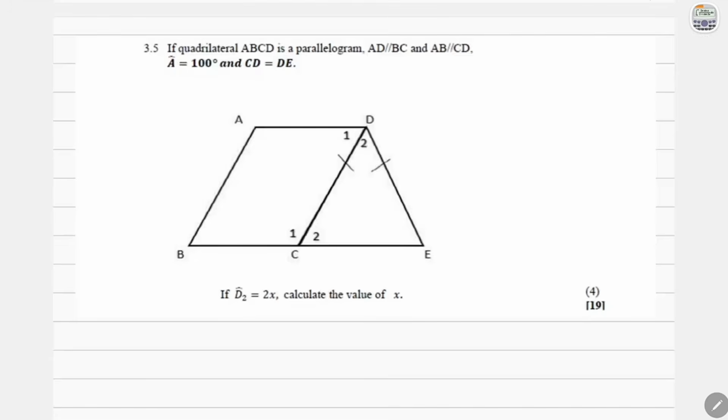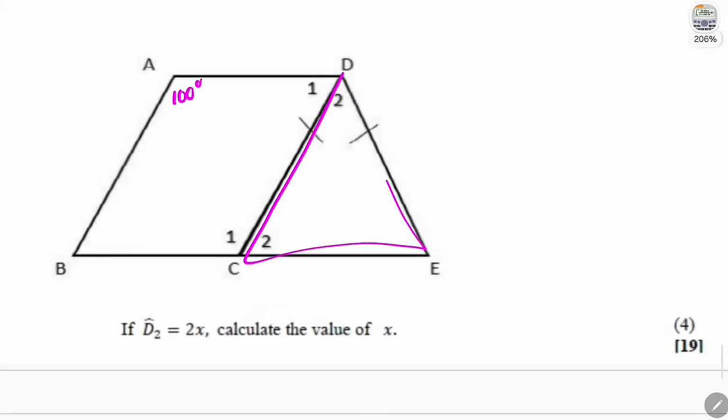Question 3.5 says, if quadrilateral ABCD is a parallelogram and we have AD is parallel to BC and AB is parallel to CD, and they also give us that angle A is equal to 100 degrees and CD is equal to DE. So you see we have an isosceles triangle here.